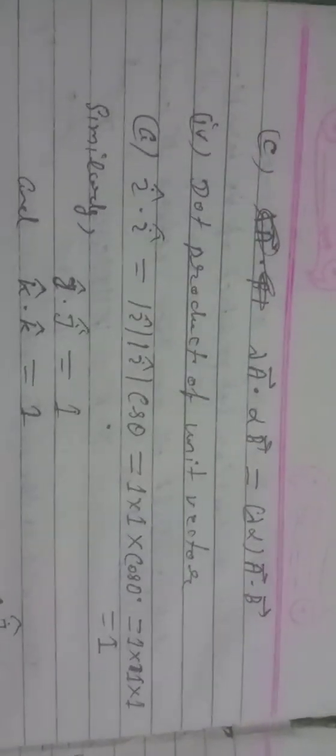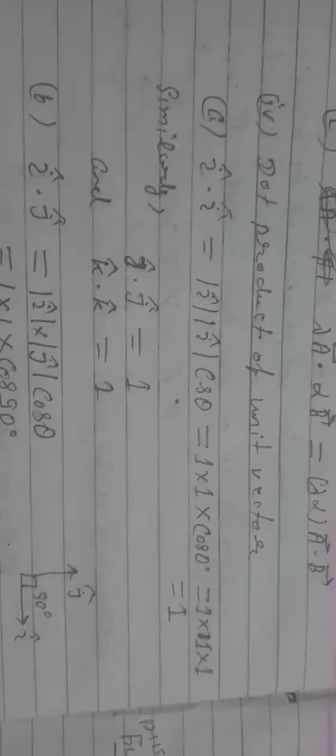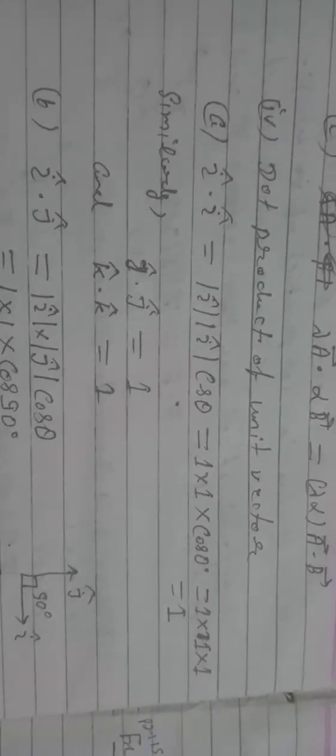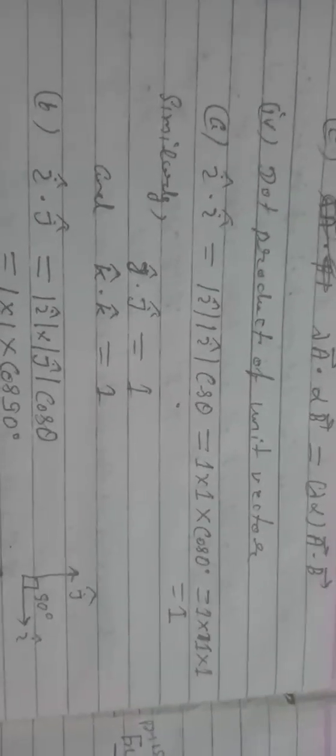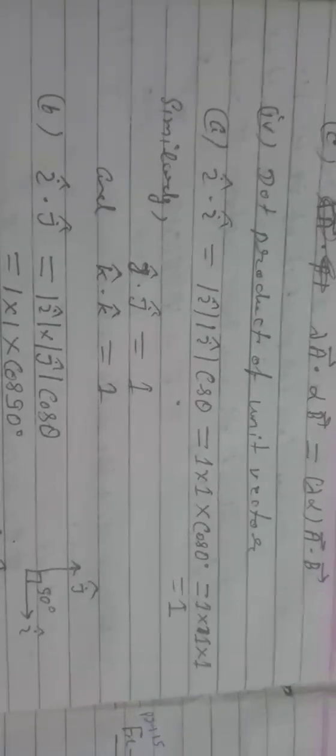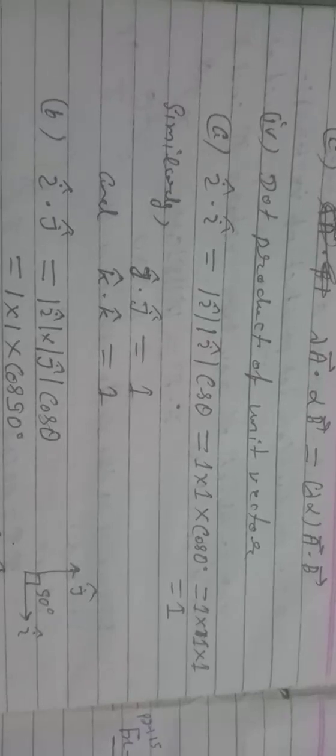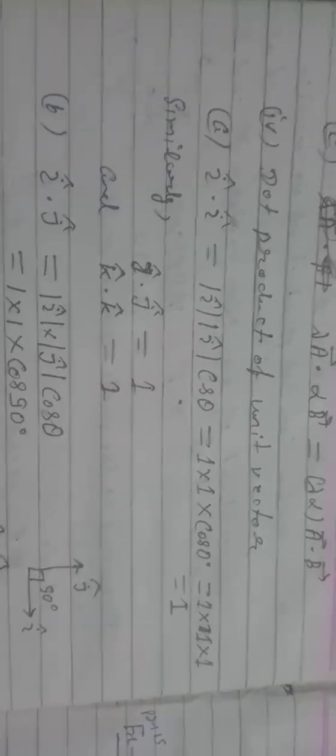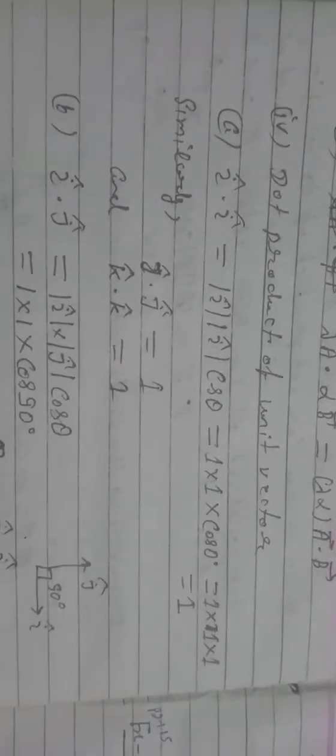For dot product of unit vectors, we have I cap dot I cap equals mod of I cap into mod of I cap cos theta equals 1 into cos 0, because angle between same vector is 0, which comes out to be 1.